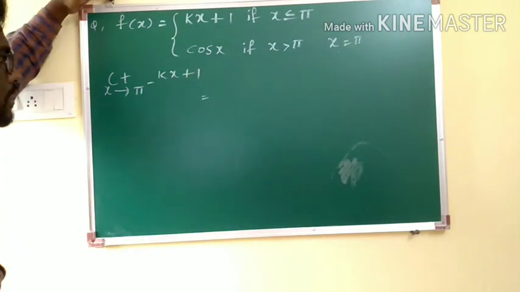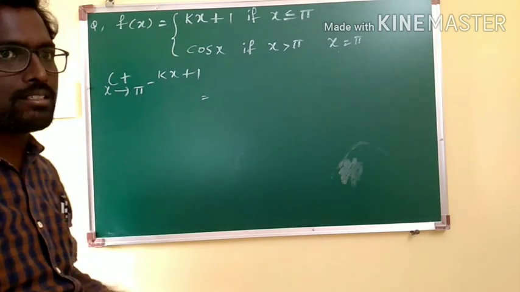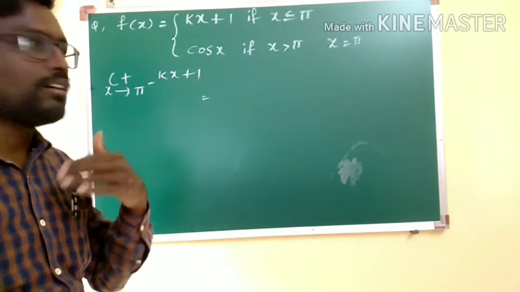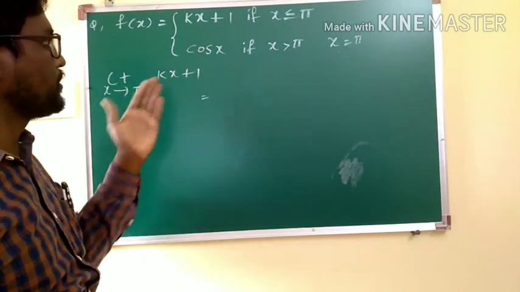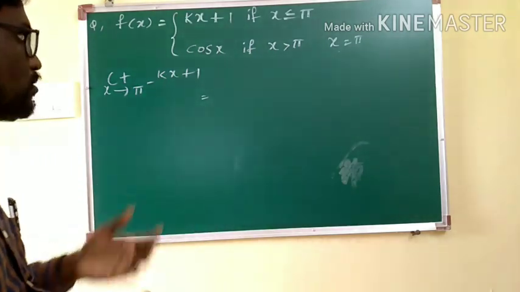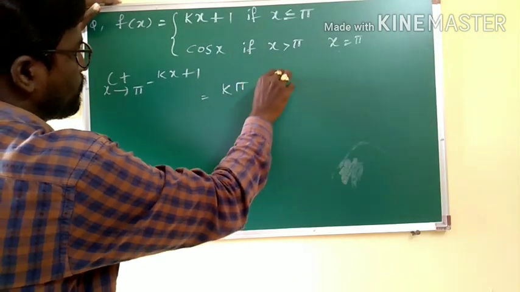So generally while doing the left hand limit, we replace pi minus by h tends to 0, and we write instead of x as pi minus h. But here we need not, because on direct substitution also you can get the limit as k pi plus 1.